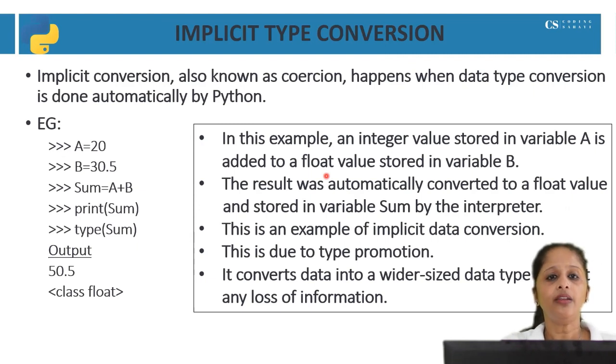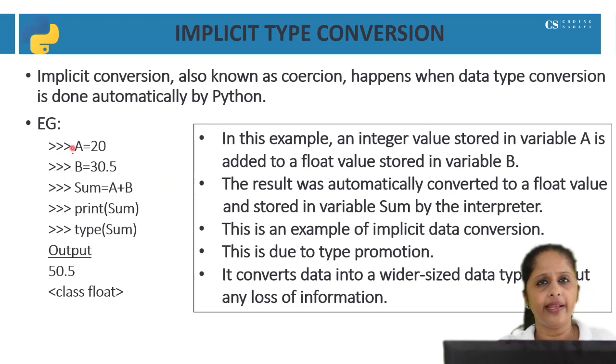Implicit type conversion, also known as coercion. Here this is automatically done by the Python interpreter without the knowledge of the programmer. In some cases, let's see an example. Here I have written A equal to 20 and B equal to 30.5. So A is of type integer and B is of type float.